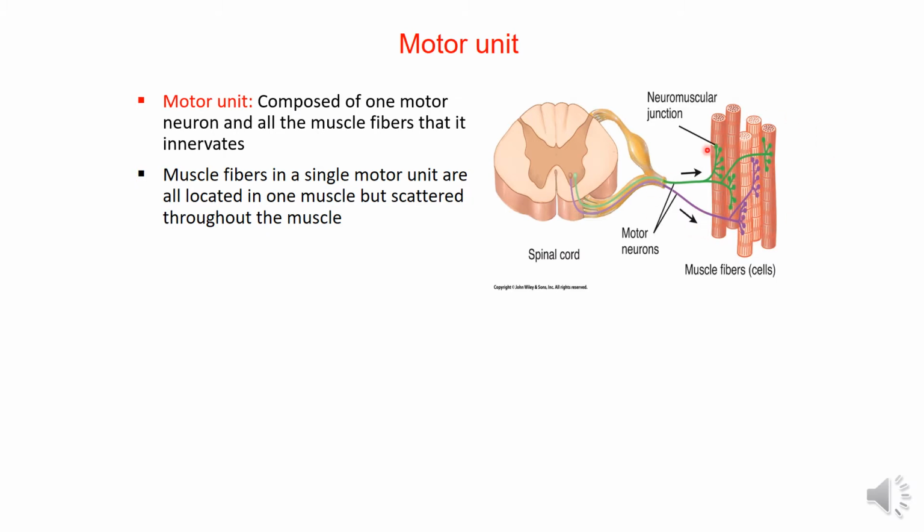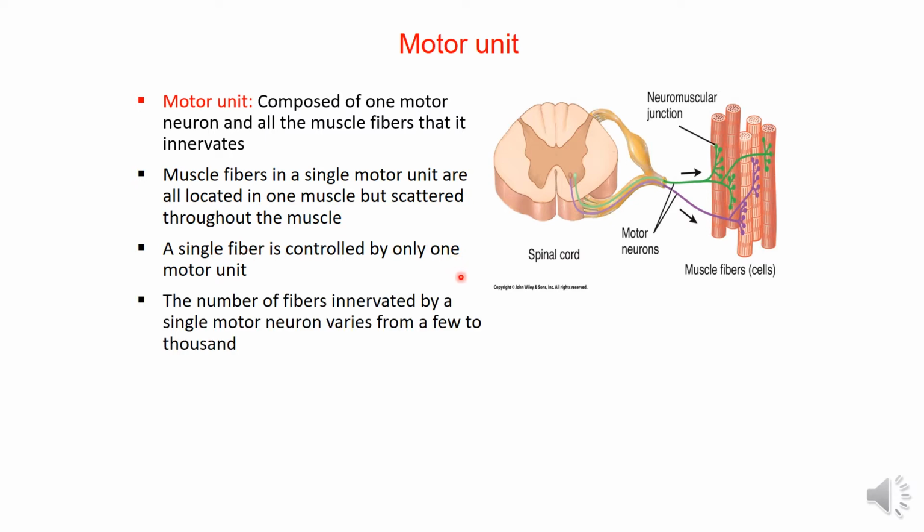A single fiber is controlled by only one motor unit. The number of fibers innervated by a single motor neuron varies from a few to thousands.